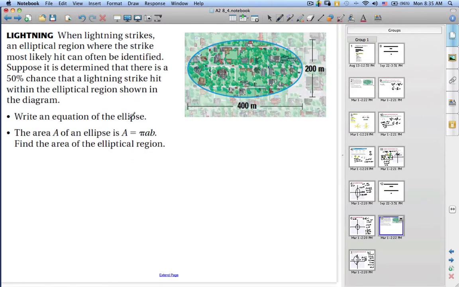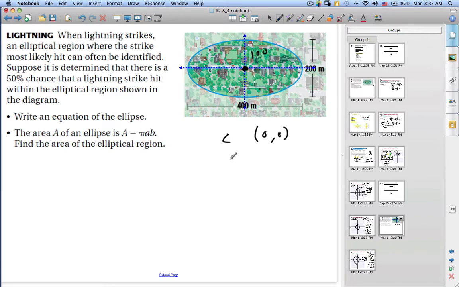So if I want to write the equation of my ellipse, let's take a look at what's going on here. Here's an ellipse and I've got a center here in the middle, and I'm going to say my center is at 0, 0. You can see that my distance from co-vertice to co-vertice is 200, which means this distance here is 100.